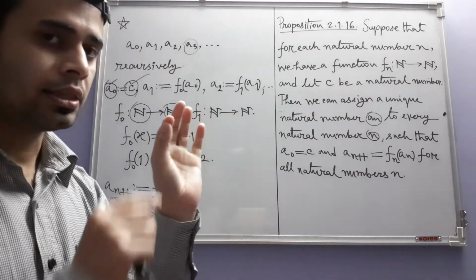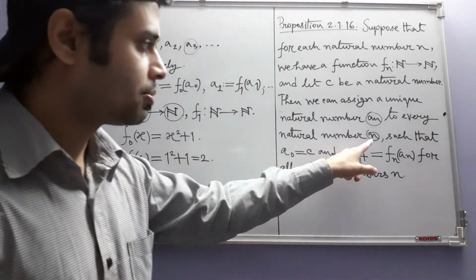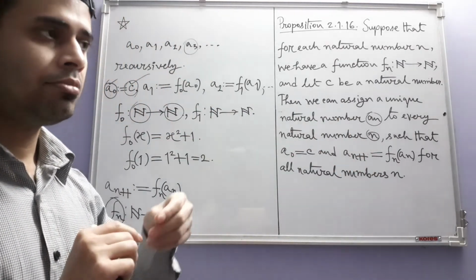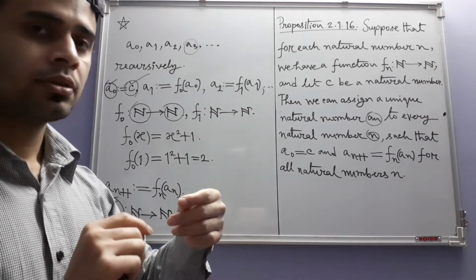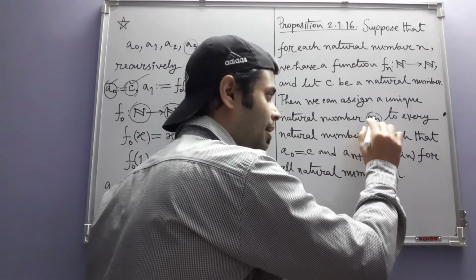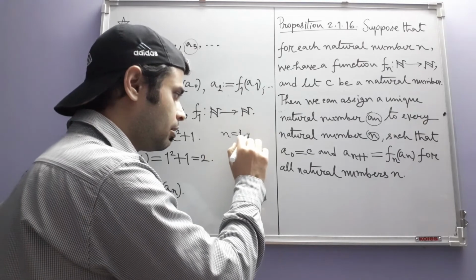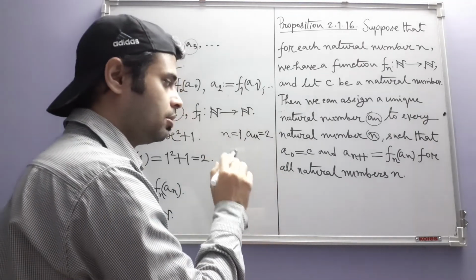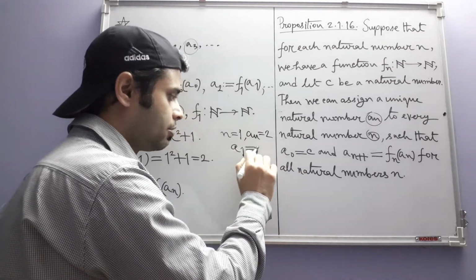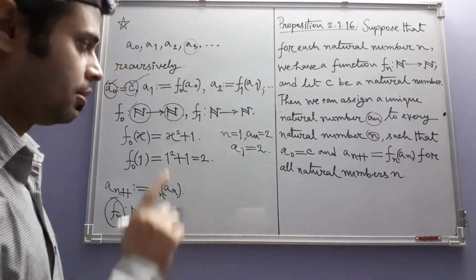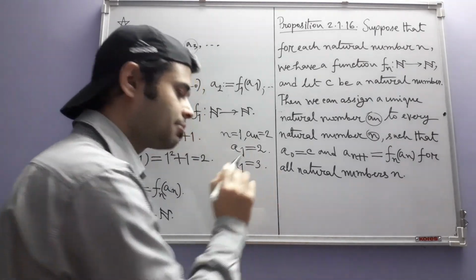For a given n, there is only one an, not two values of an. For example, if n is 1, then I may take an equal to 2, or in other words, a1 is 2. But I will not at the same time have a1 equal to something else.